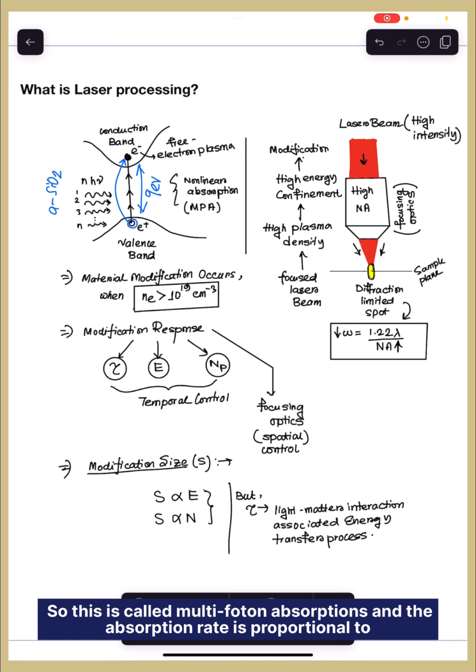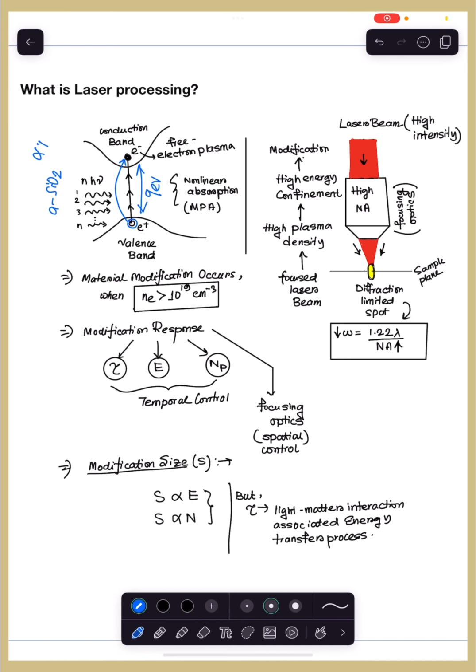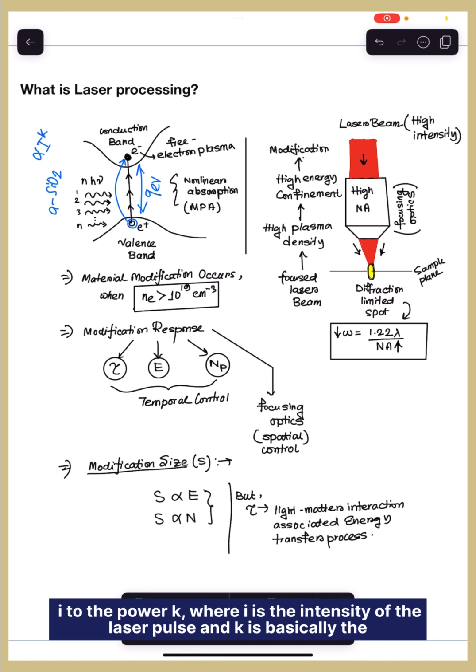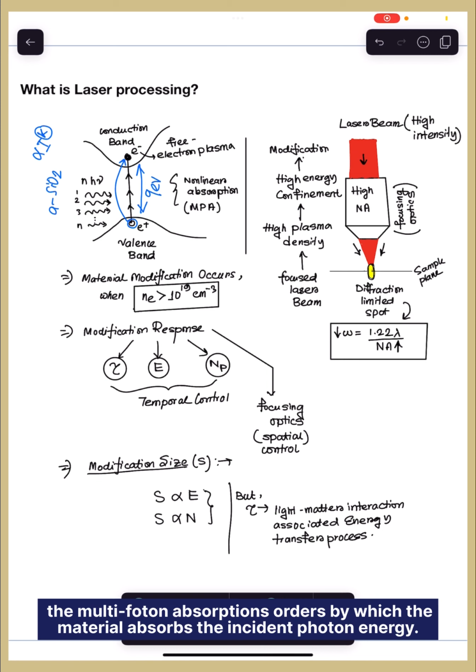So this is called multi-photon absorption, and the absorption rate is proportional to I to the power k, where I is the intensity of the laser pulse and k is basically the multi-photon absorption order by which the material absorbs the incident photon energy.